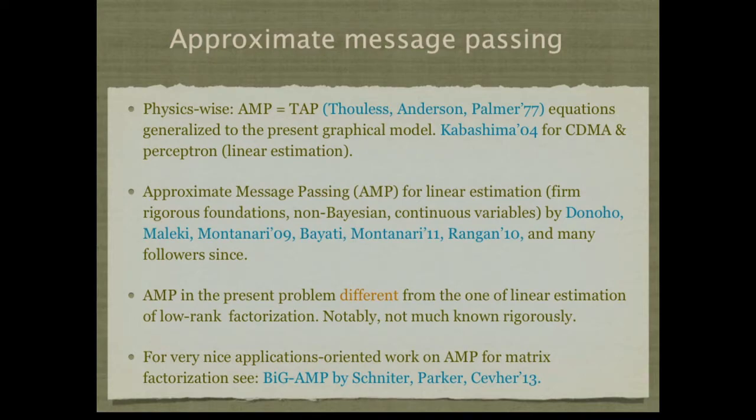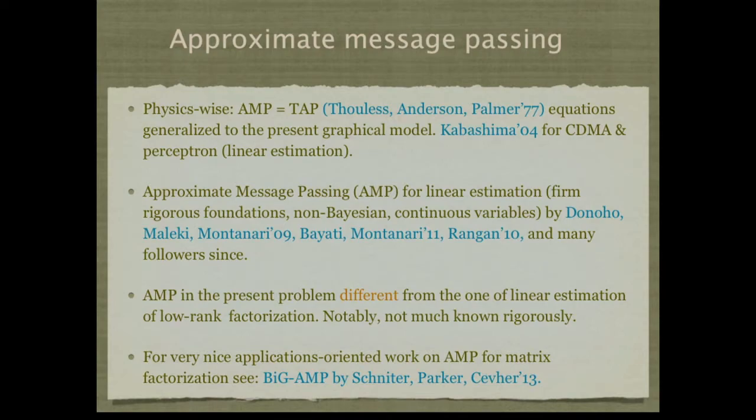So when a lot of people really started to work on approximate message passing, that was after the work of Andrea and Maleki and Donoho, when they generalized this approach to non-Bayesian cases, to continuous variables, and also had a beautiful line of works where they set firm, rigorous foundations for this algorithm and its state evolution and what it all means.